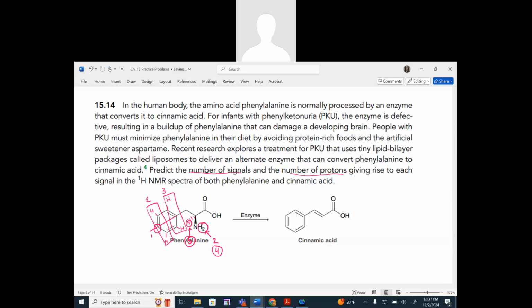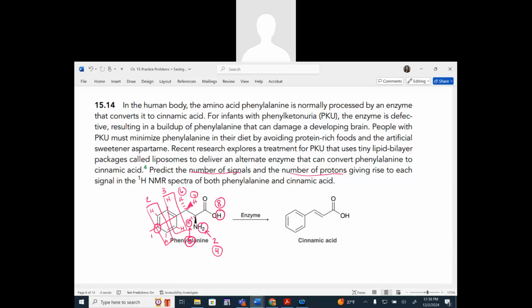And we also have two protons here that are non-equivalent diastereotopic protons, so we would have a sixth and seventh signal because of that. And then our last proton, this single proton here, would be an eighth signal. So again, we have 8 total signals.